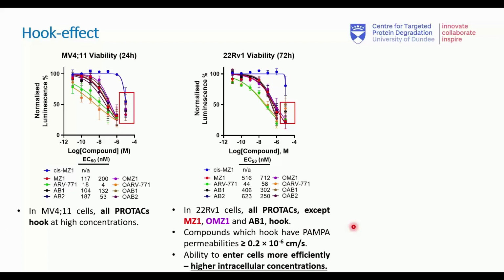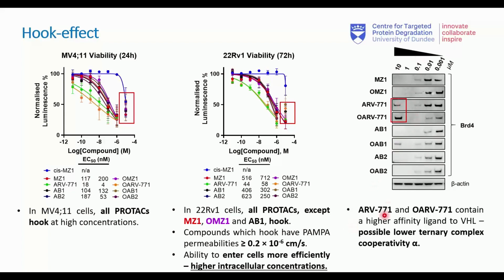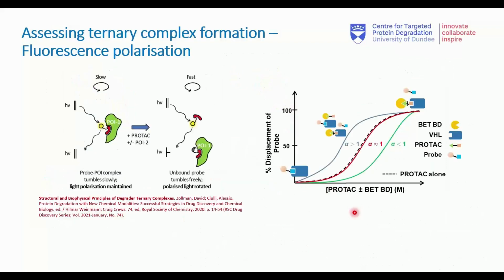So the binding sites on these proteins are more saturated, and we can also see that here in this Western blot at high concentrations, as an orthogonal assay, where you can see this hooking of ARV compounds, and also OAB1, which is the most lipophilic compound in the series.